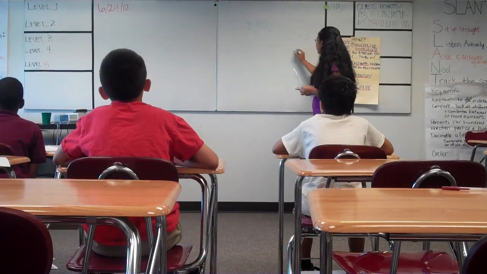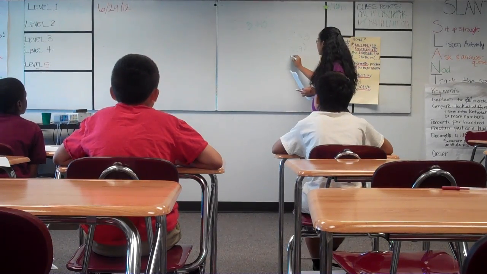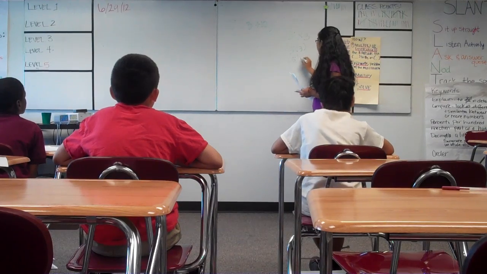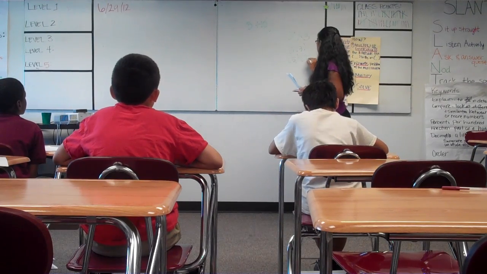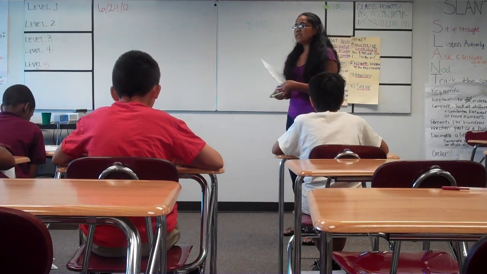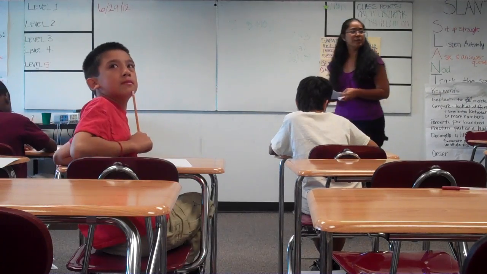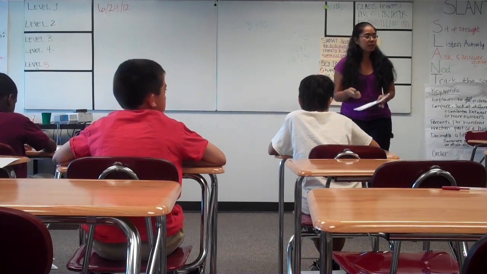Another way is 5 parentheses 3. And the other one is parentheses 5 and parentheses 3. So this helps me recognize when there is a multiplication factor in the problem.